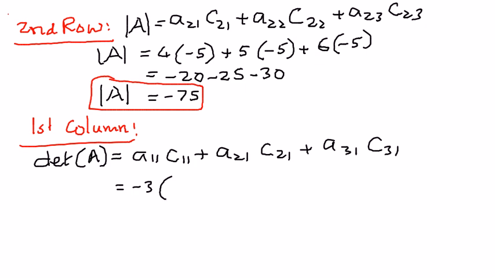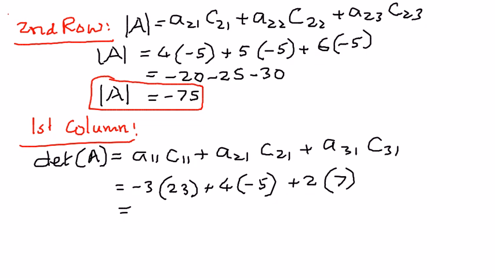The value of C11, which we found from above, is 23, plus A21, the value is 4, and then C21, the value is negative 5, and then the value of A31 is 2, and the value of C31 is 7.